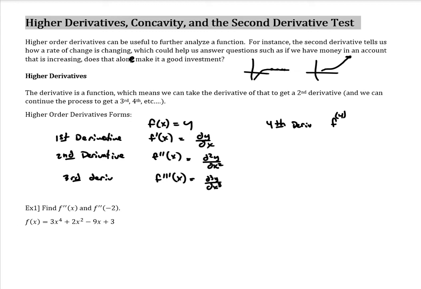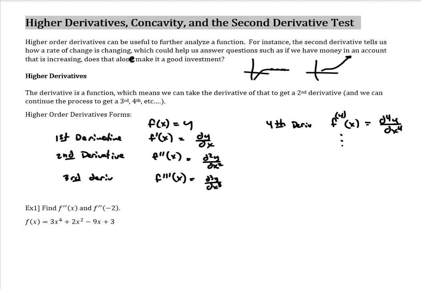Afterwards, they just put the number in parentheses. They put the parentheses to mean that it's not a power, because without the parentheses, we would assume it's the fourth power. This is telling us the fourth derivative. And then our notation there would be d with a little 4, and then dx. They look like little powers, but that's that.